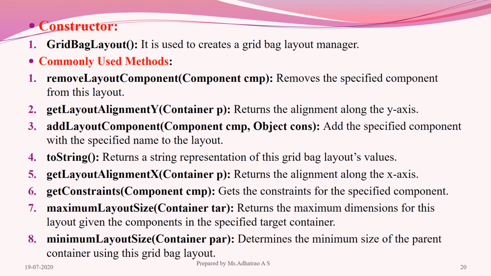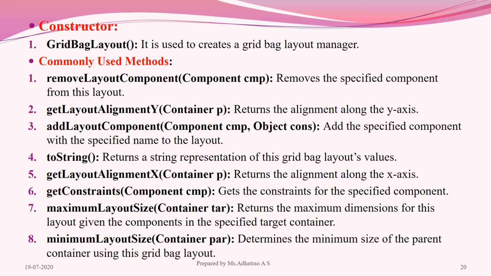This adds the specified component with the specified name to the layout. toString. It returns a string representation of the grid bag layout values. getLayoutAlignmentX(Container p). It returns the alignment along the x-axis.